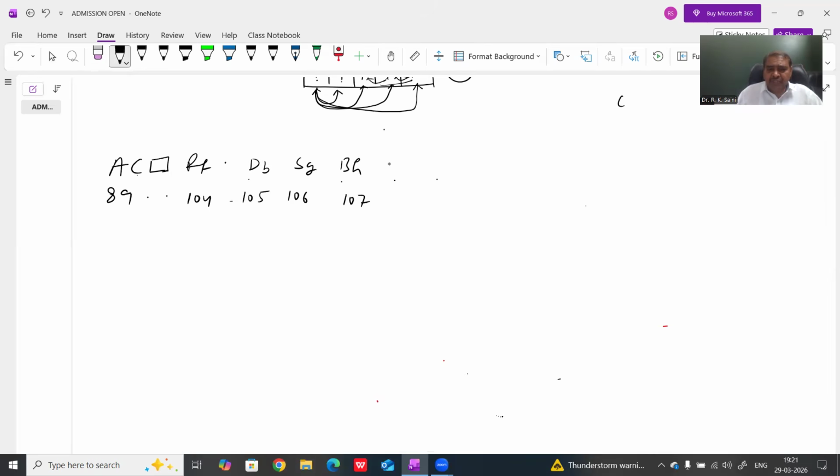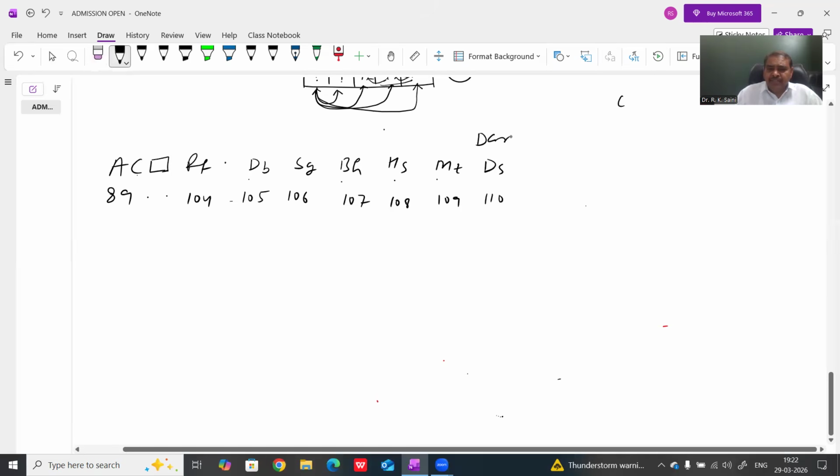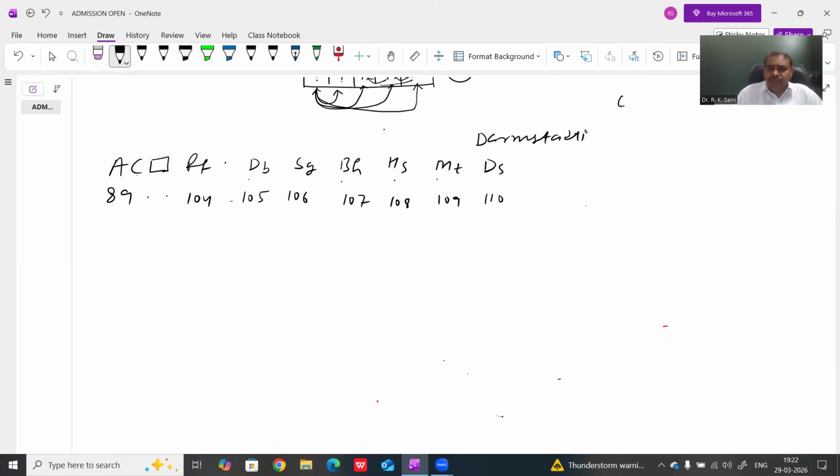Next element, hassium, 108, meitnerium, 109. Next element 110 is darmstadtium. Thus the IUPAC symbol is Ds.